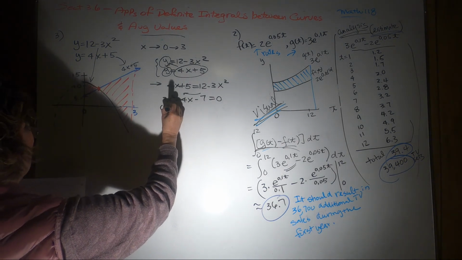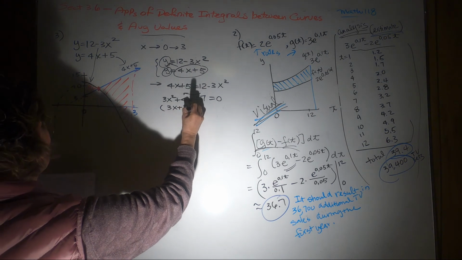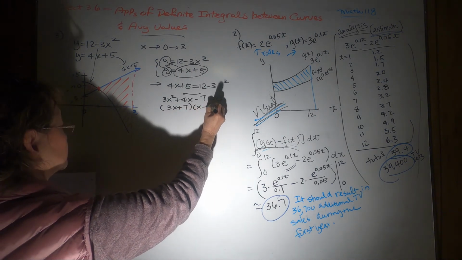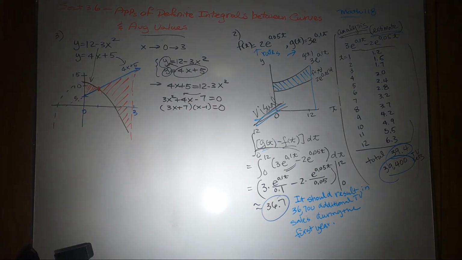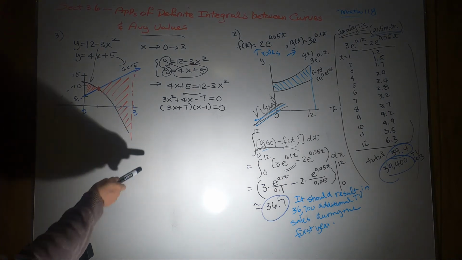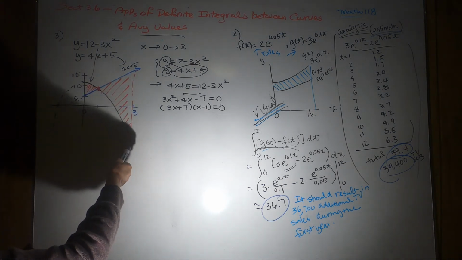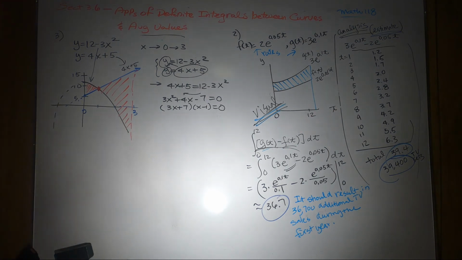Okay? Then you do your factoring. So what do we have? Okay? If you don't know how to do factoring, then you use the quadratic formula. Either way will work. Okay? But sometimes factoring is easier.